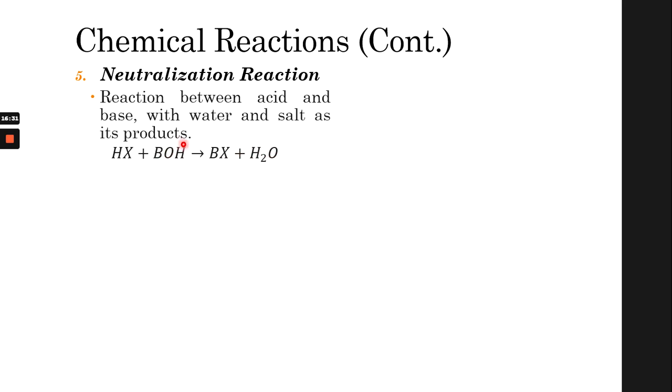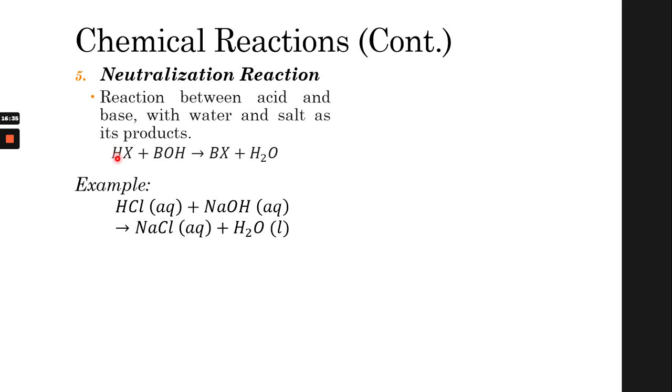H2O comes from the hydroxide and the H. An example is a combination of hydrochloric acid, HCl, and sodium hydroxide. By combining these two together, you create a brine, which is a combination of liquid H2O and the dissolved NaCl in the water.